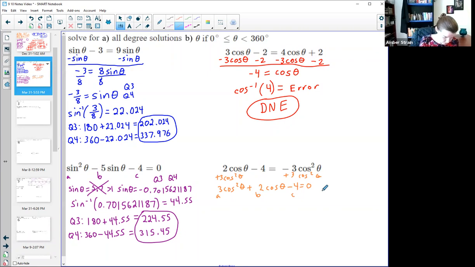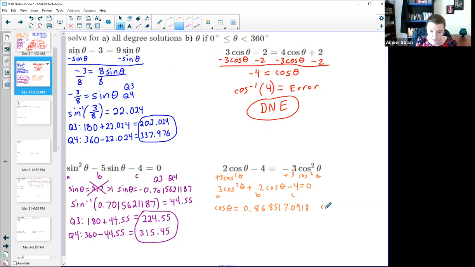So I go to my programs, I go to quad, I type those in, 3, 2, and -4. It gives me the two decimals. Now remember the first one right here, cosine of theta, the first one, which was the decimal, 0.8685 and so on. Okay, that one's good.